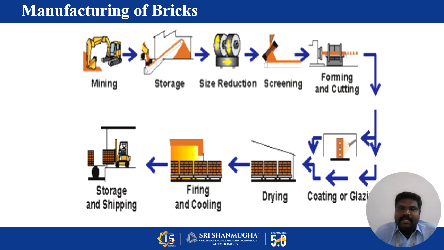Then forming and cutting using different molds with the respective dimensions. Then coating and glazing, if required, on the top surface of the brick to overcome water absorption. Then it is stored for drying. If fire resisting properties are needed, we go with firing and cooling, then storage and shipping.